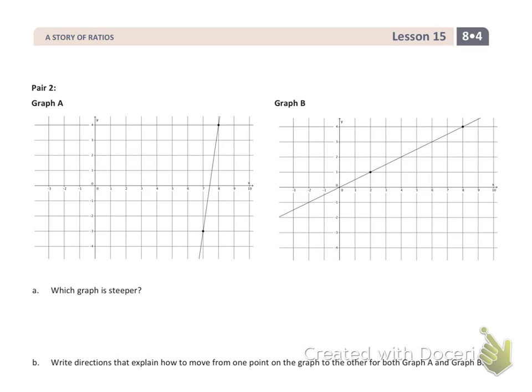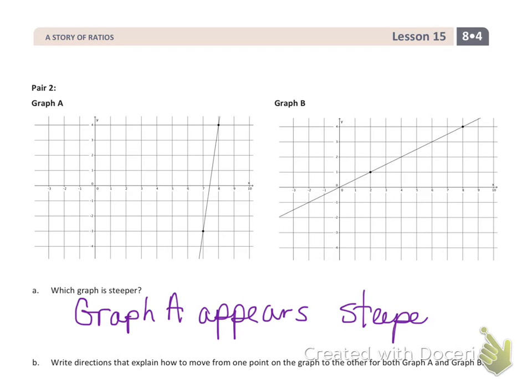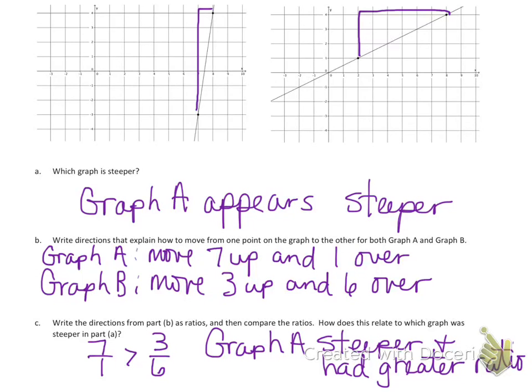Okay, pair 2. In pair 2, graph A appears steeper. Okay, and then if you look at the directions for how to move from one point to the other, for graph A, we're going to be going 7 up, and you can count that right here on the graph. 1, 2, 3, 4, 5, 6, 7 up, and 1 over to get from one point to the next.